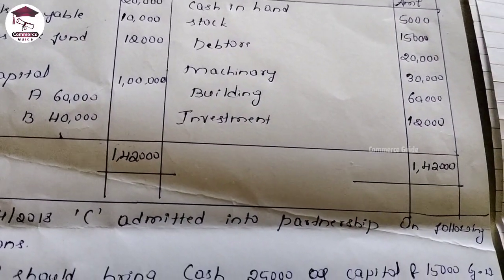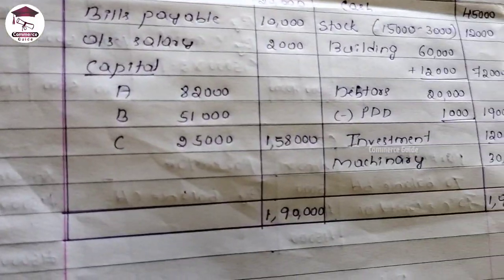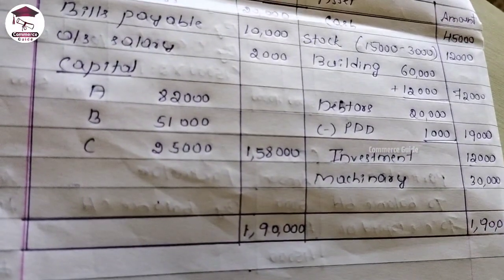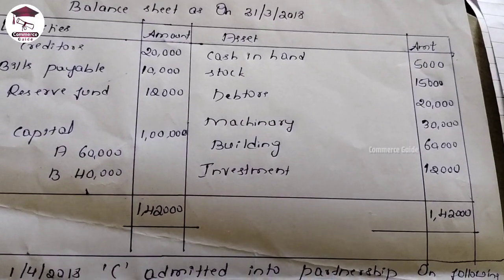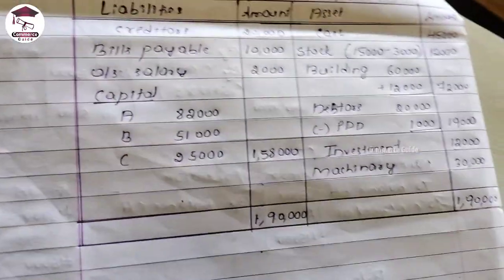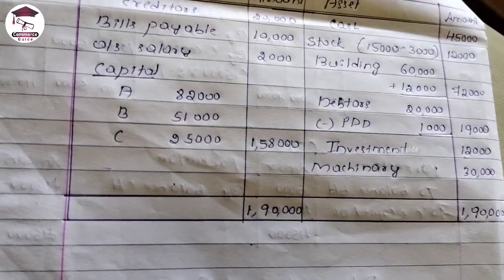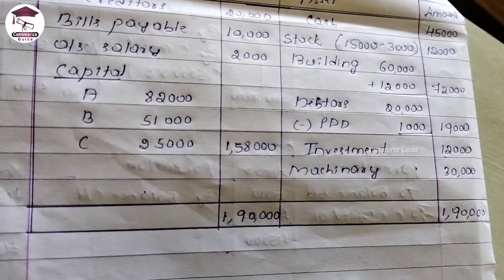Then machinery 30,000, same we write 30,000. Then the investment 12,000. Building 60,000, building has appreciation of 12,000, so building 60,000 plus 12,000, total 72,000.